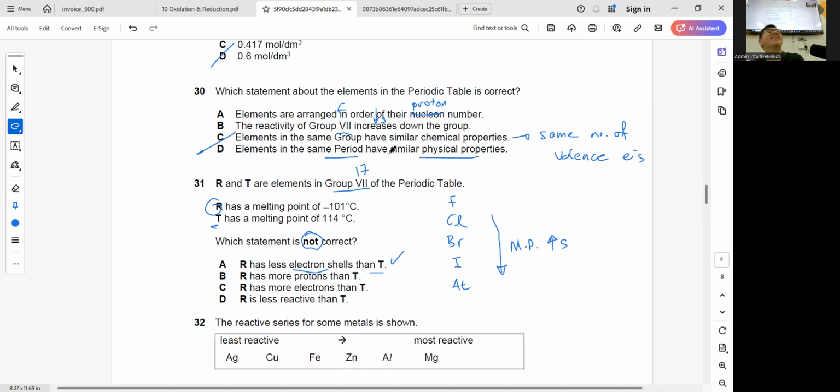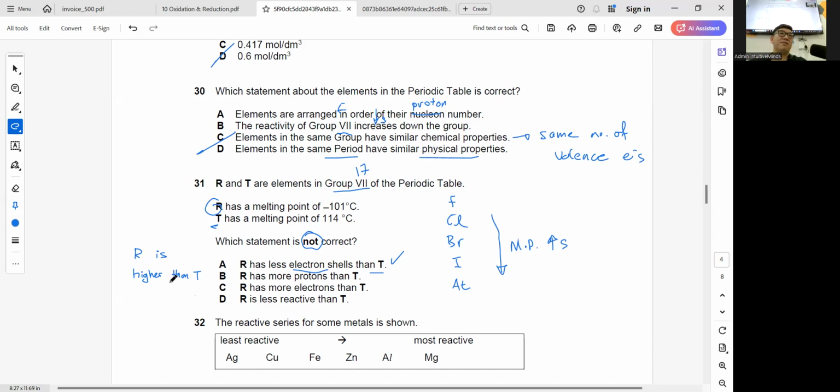R has more electrons than T, impossible. Because in group 17, if you have more electrons, you're less reactive. R is higher than T, so can R have more electrons than T?